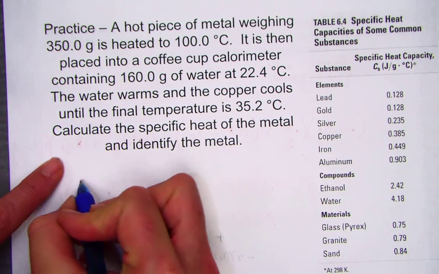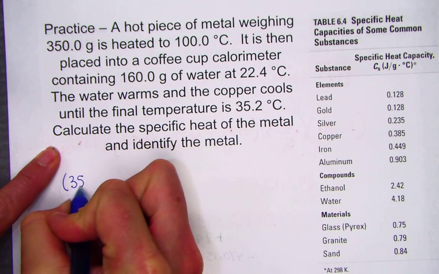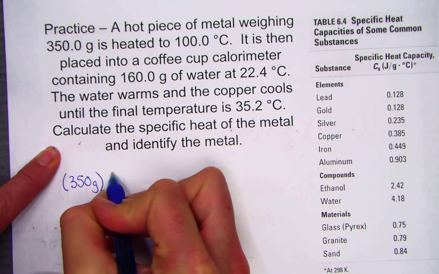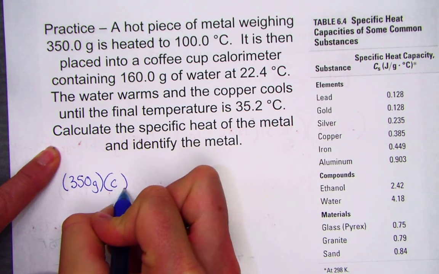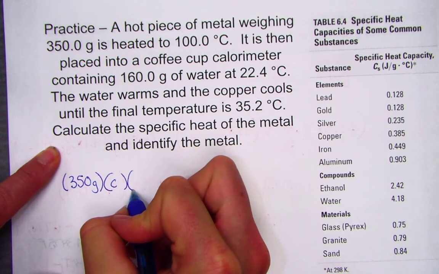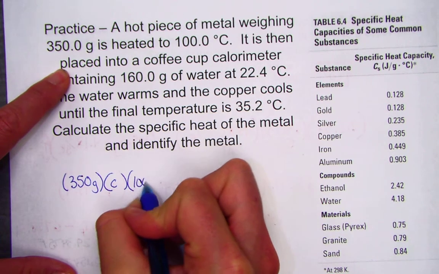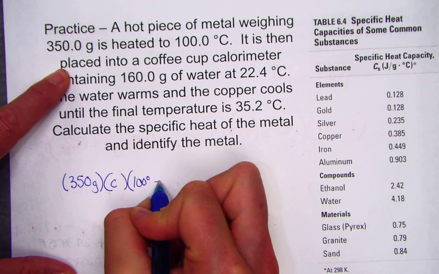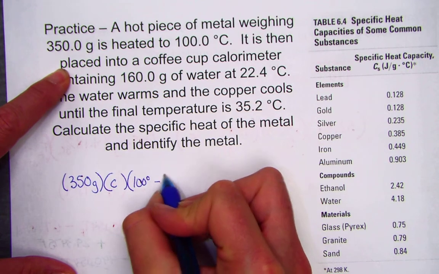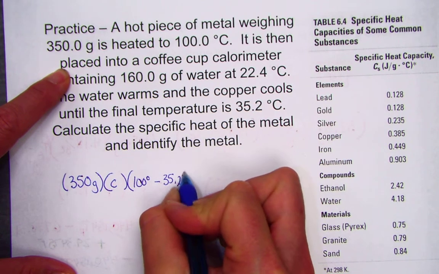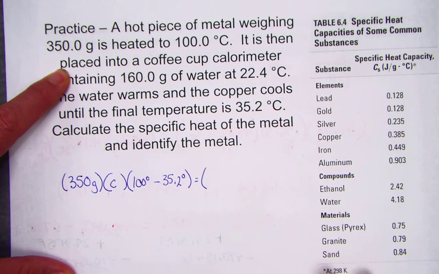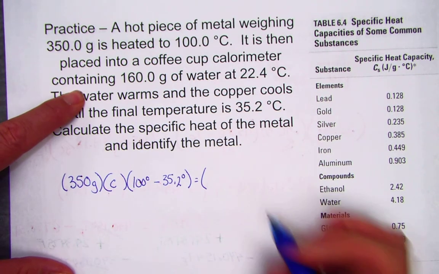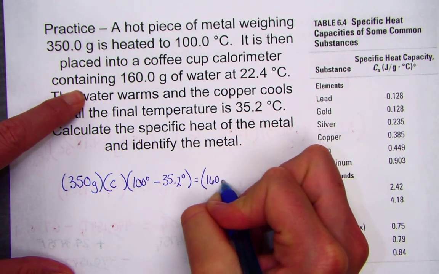So here's what we know. The metal weighed 350 grams. We don't know its identity, so we're really solving for the specific heat constant. Its initial temperature was 100 degrees, and it cooled to 35.2. On the other side of our equation, the water weighed 160 grams.